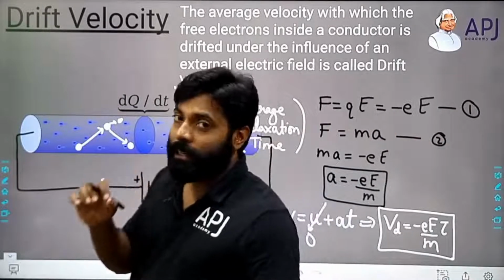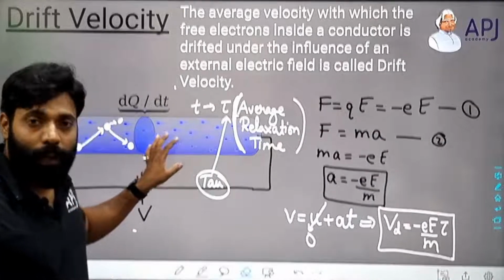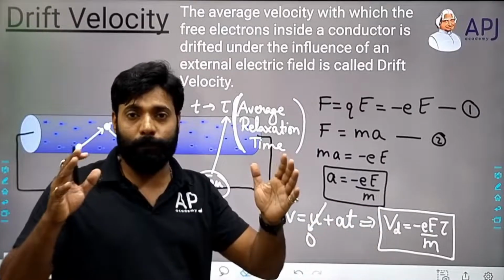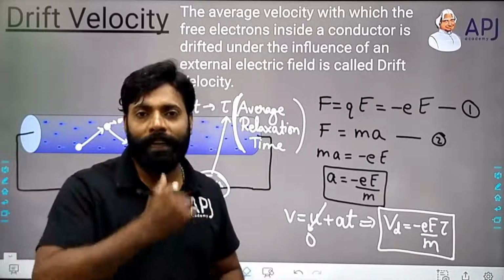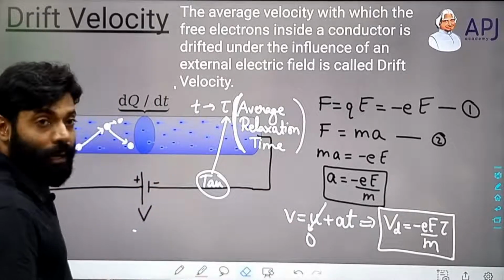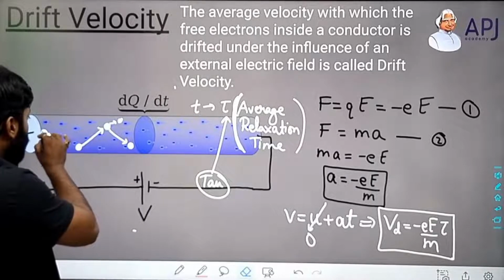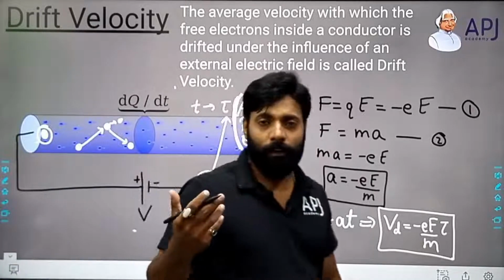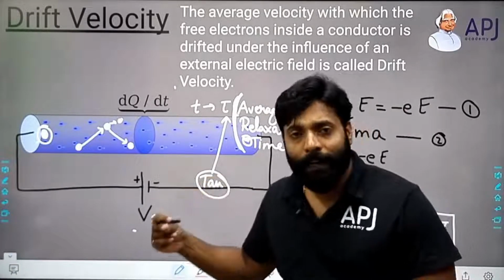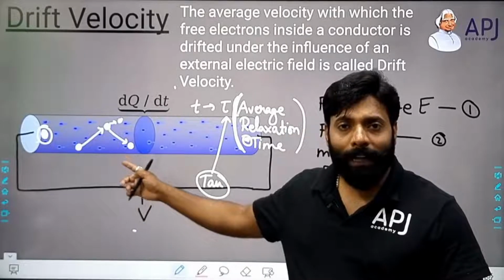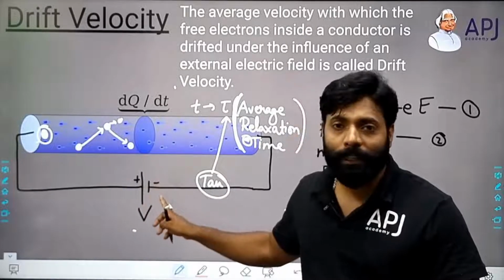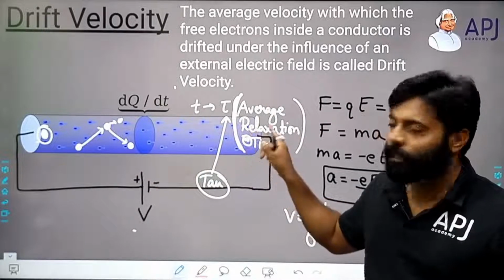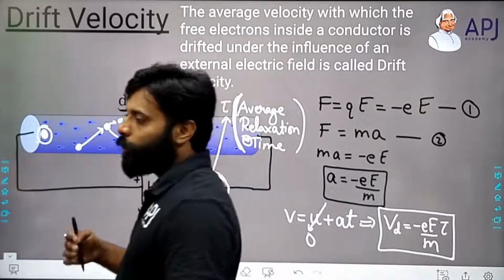So even with a very small drift velocity, we are getting a very large amount of current, and that too very instantaneously, because current doesn't mean that an electron must flow from one end to another end. Only momentum transfer is required. So the moment you provide the voltage, or the electric field, the electrons will start moving, and when the electrons start moving, the current will rise, and you will be getting the current.